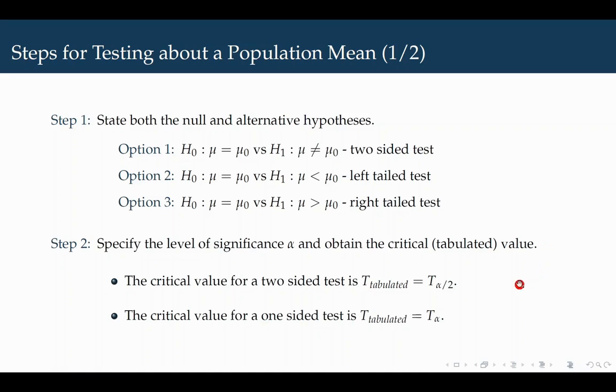So if our hypothesis is a two-sided alternative hypothesis, or if it is a two-sided test, the tabulated value is going to be calculated as T alpha over 2. Now here capital T could be either the normal distribution or the t-distribution. And for a one-sided test, the tabulated value of the test statistic is going to be determined as T alpha.